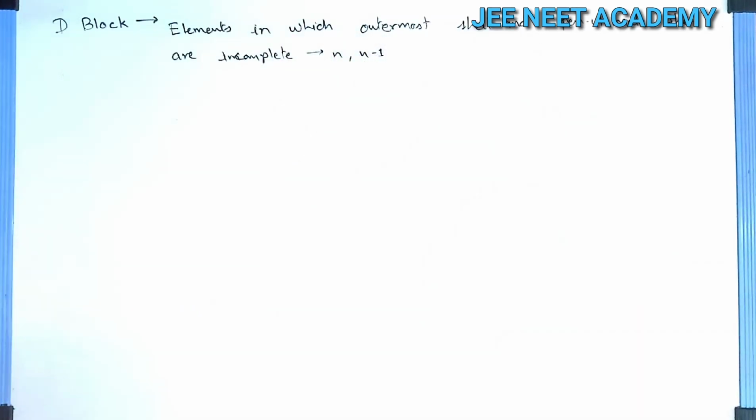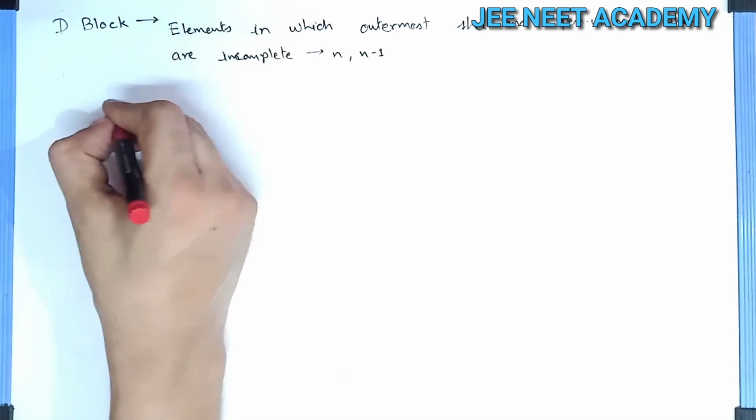If the outermost shell is 4, then the penultimate will be 3. If the outermost shell is 6, then the penultimate shell will be 5. If the atom's outermost shell is 5, then the penultimate shell of that atom will be 4.